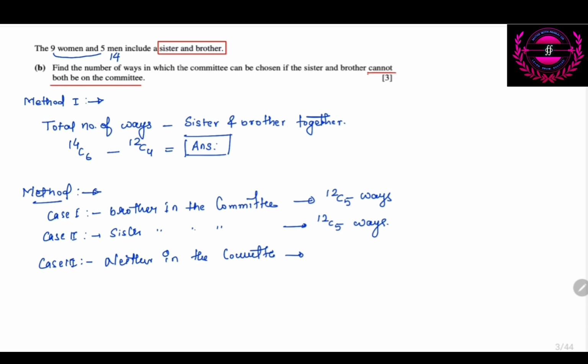So if both of them are not in the committee, now I have to select all the 6 people from the 12 people, and I have 12C6 ways. So to find the total number of ways, I will just simply add these 3. This is my second way of calculating. I hope you understood. Let's move to the next question.